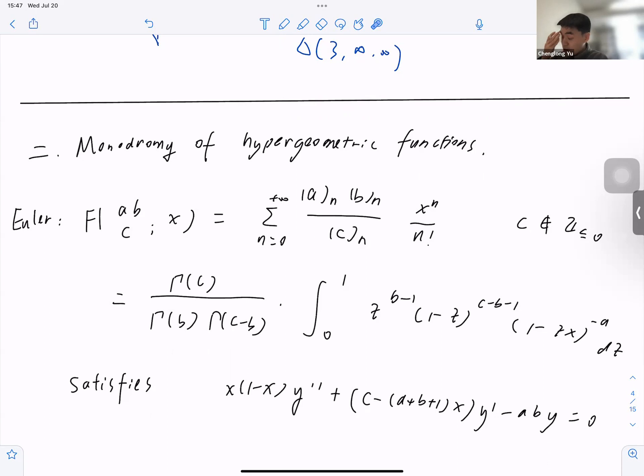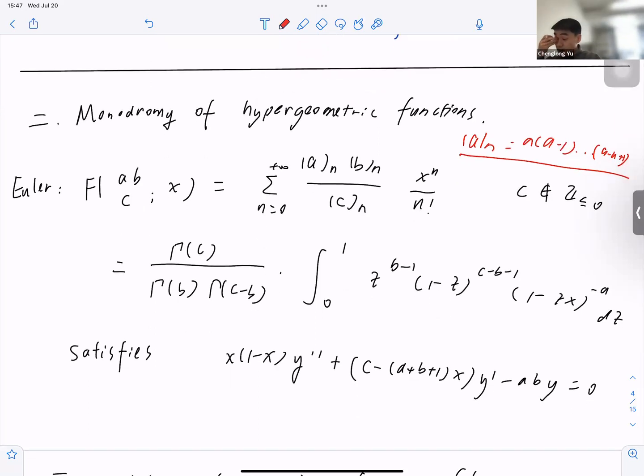It's called the hypergeometric function. And this notation (a)_n is just a times (a+1) up to (a+n-1). It's like the factorial. And c is not a negative integer or 0. So this function satisfies a second order differential equation.